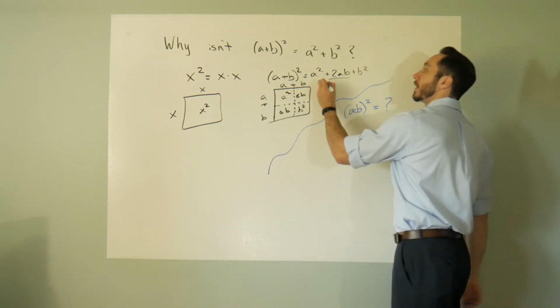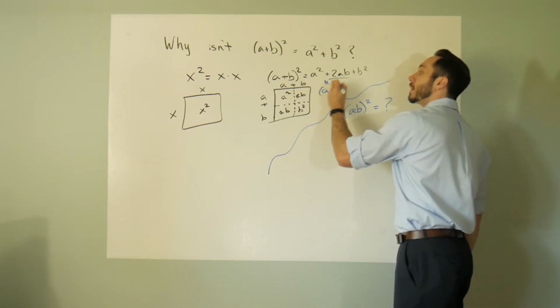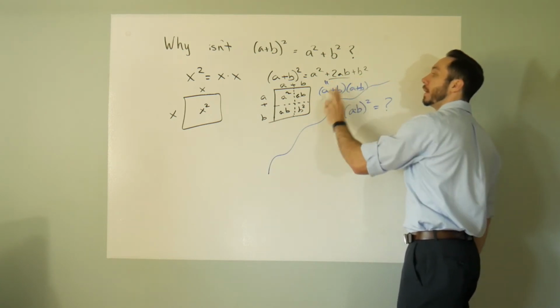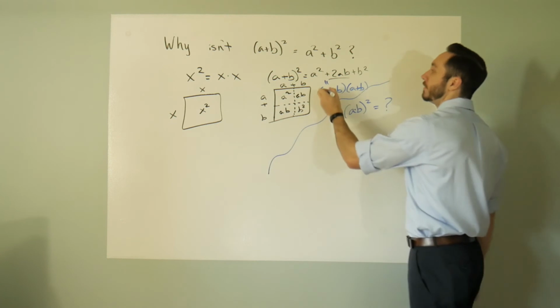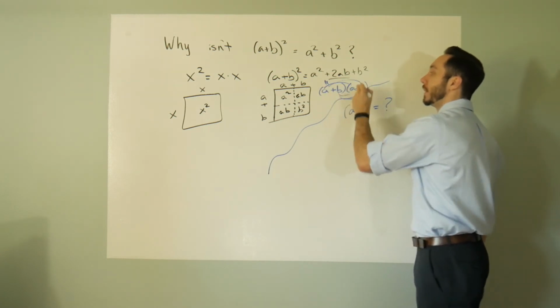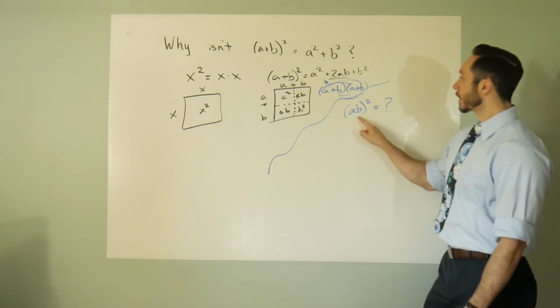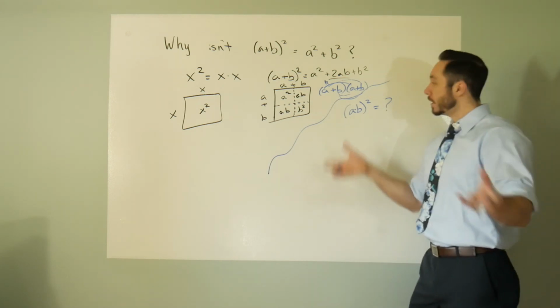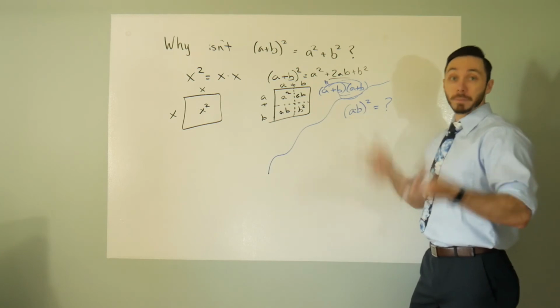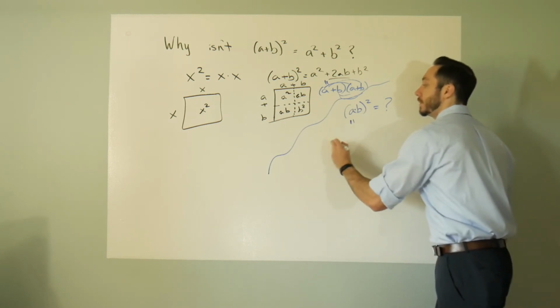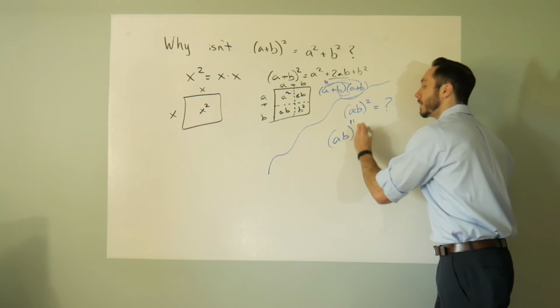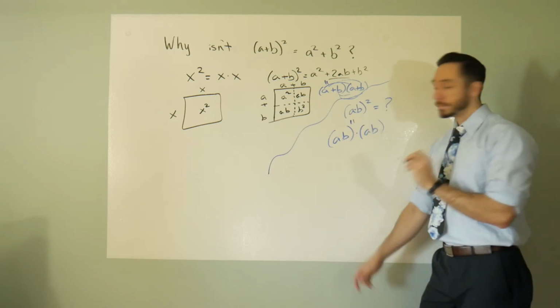And over here, I could have said this is a plus b times a plus b. FOIL is something that some teachers teach, by the way. So I just FOILed, but I used a box for it. Anyway, writing out exponents, well, exponents is the idea of repeated multiplication. So this is equal to ab times ab.